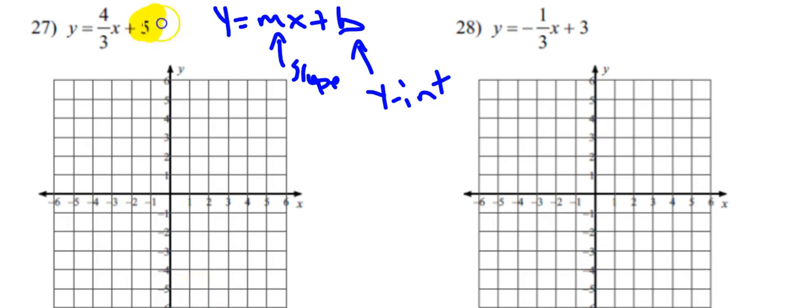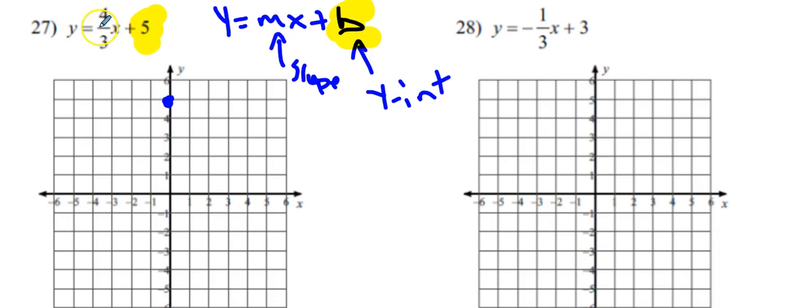So this 5 is our b. So we're going to draw that in at 5. The y-intercept is on the y-axis. At 5, we're going to draw our starting point.